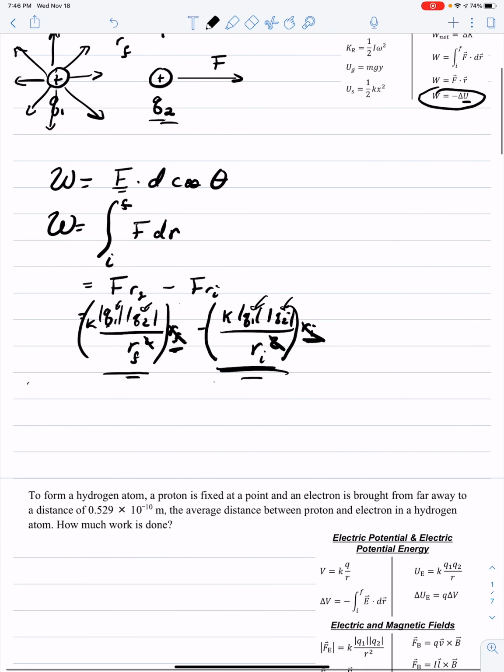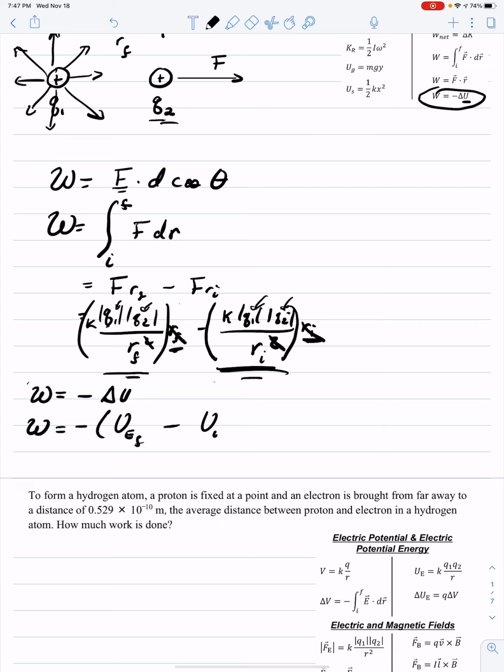So to get work, work equals negative change in potential energy: work equals negative parenthesis the electric potential energy of final minus the electric potential energy of initial. And multiplying that would give you work.